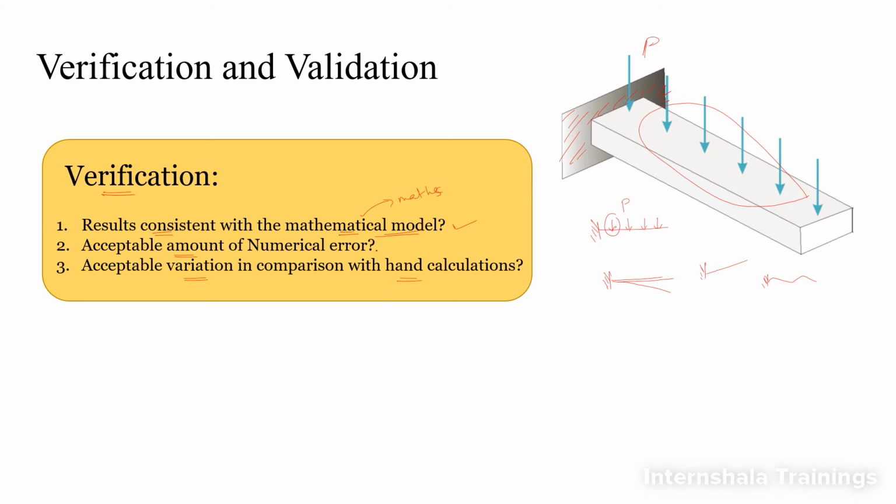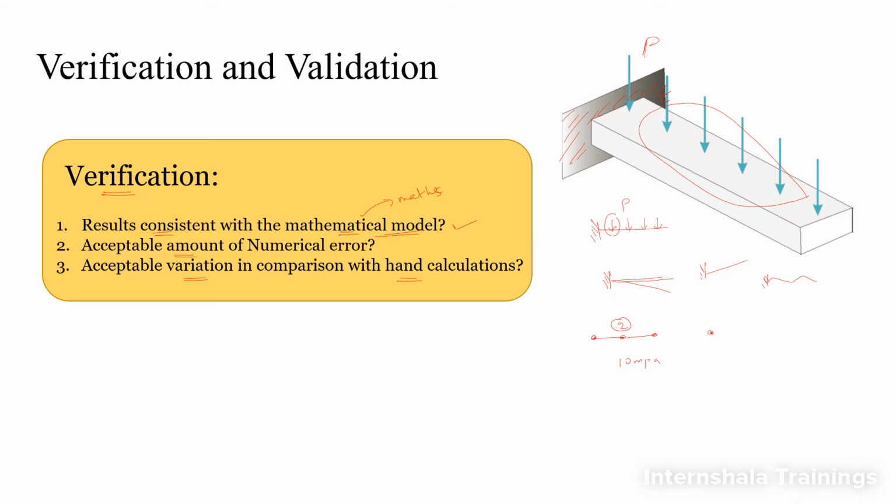Then coming to the second step, where we see whether the amount of numerical error that we got is acceptable or not. Suppose I have taken the same problem. First, I create two elements and solve the problem, and let us say I got 10 MPa of stress.